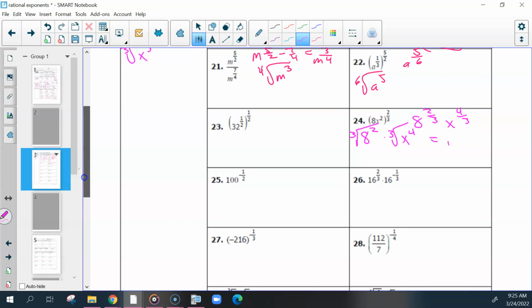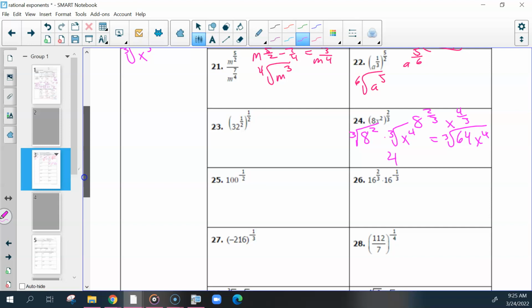I'm going to combine first. And 8 squared would be 64. Now, we need to see, can we simplify? Is 64 a perfect cube? Yes. The cube root of 64 is what? 4.